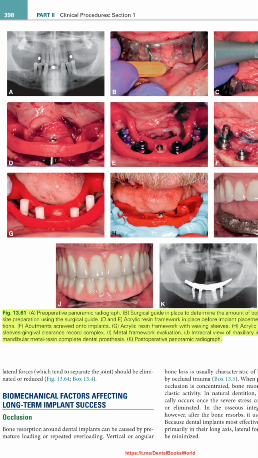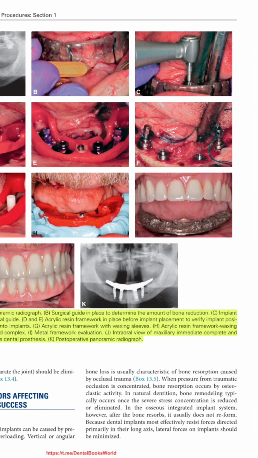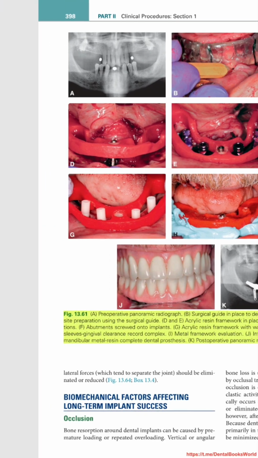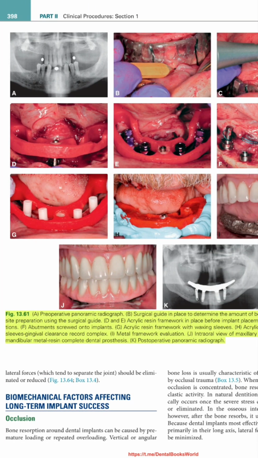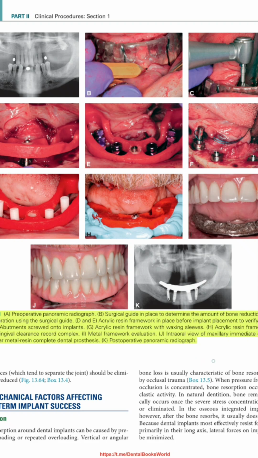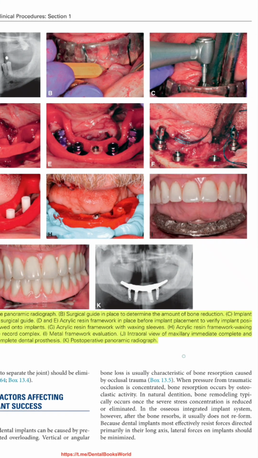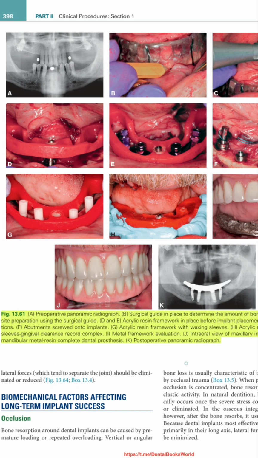Like in this case, where we made a surgical guide to determine the amount of bone reduction, the implant was prepared using the surgical guide, and an acrylic resin framework is placed before the implant placement to verify the implant positions.